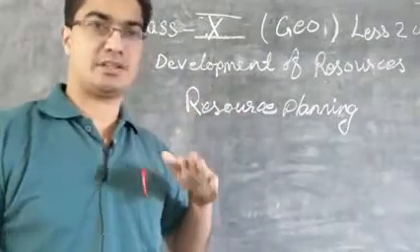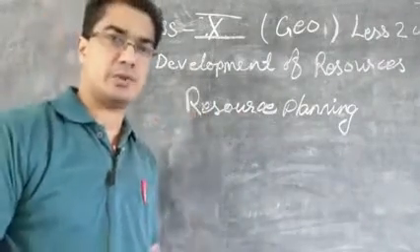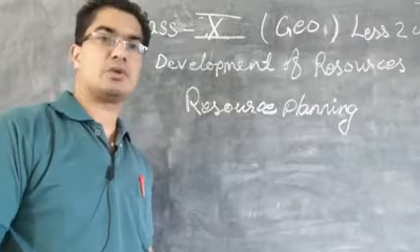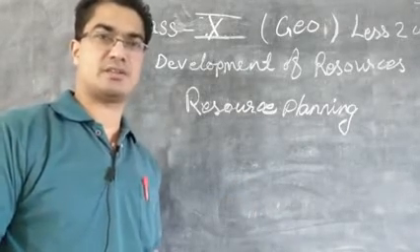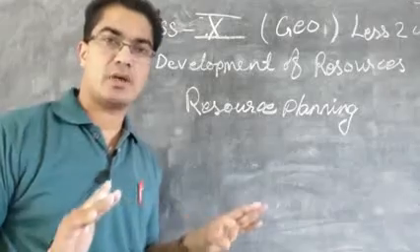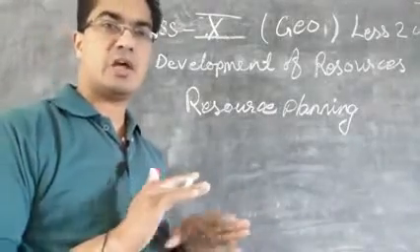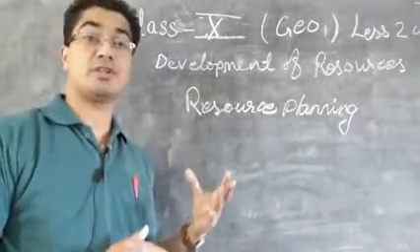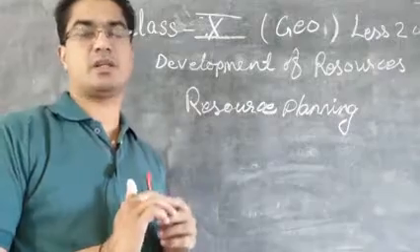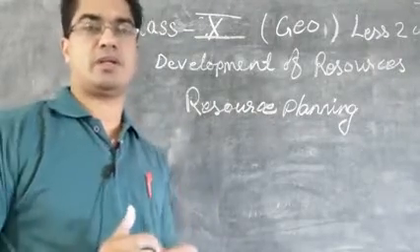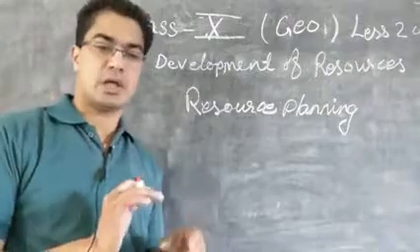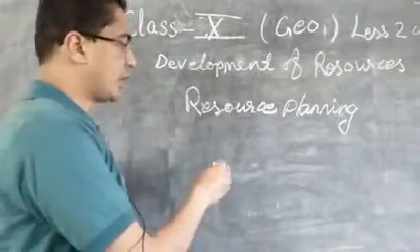It is in the process of developing. And our country is also very rich in minerals and natural resources. But it is not evenly distributed. It is not equally distributed. There are some regions which are very rich in minerals, and there are some other regions not rich at all in minerals. So we need to have proper planning within our country.